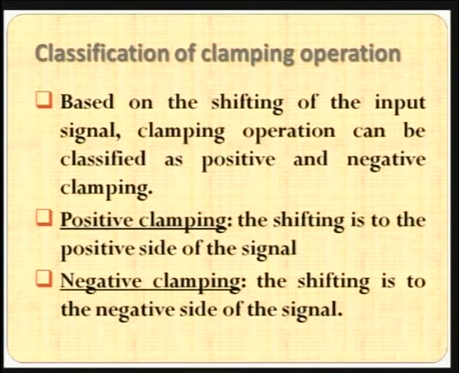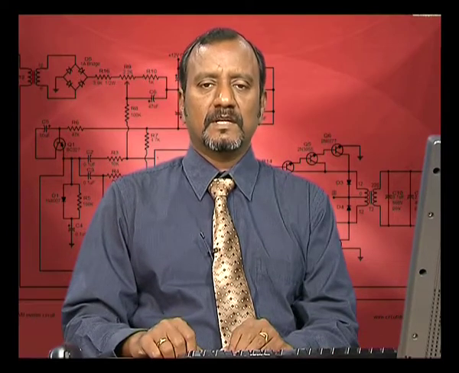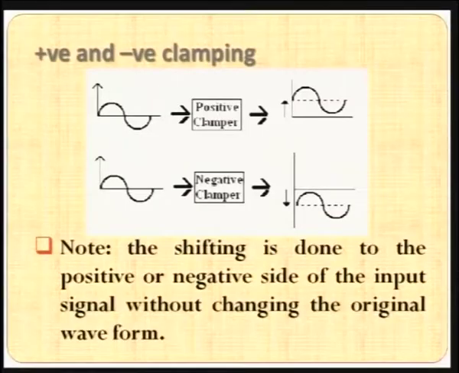This is how we classify the shifting phenomenon. On either side, we can shift the input wave on the positive side or onto the negative side. Let us see how positive clamped and negative clamped operations produce the output wave. Let us have a look at the diagram. So, this picture gives us an idea of how a clamped signal looks like.